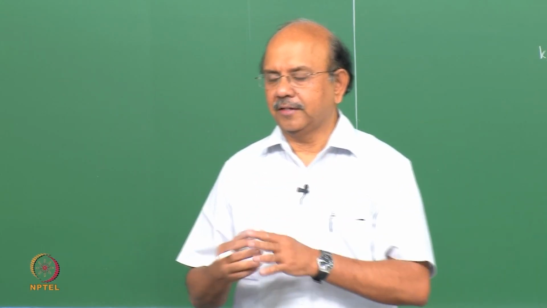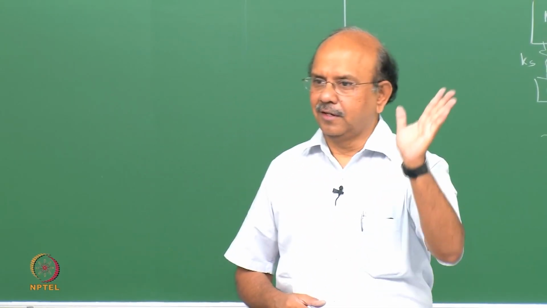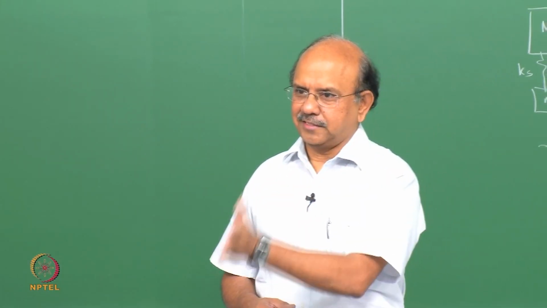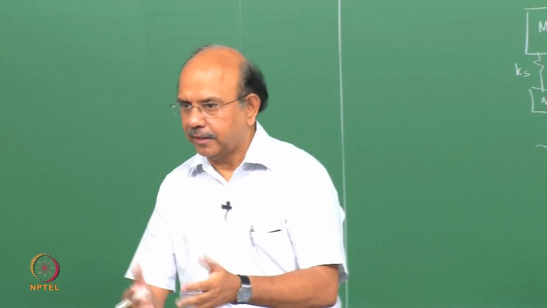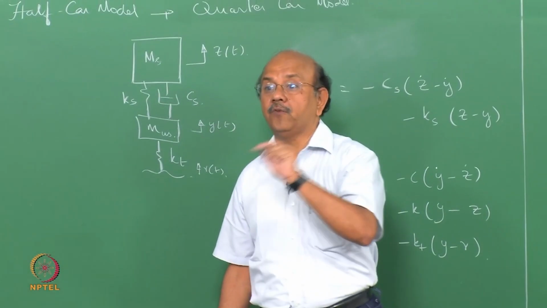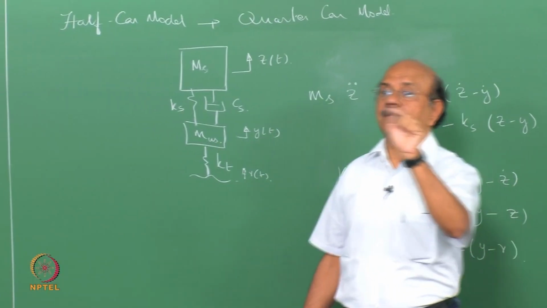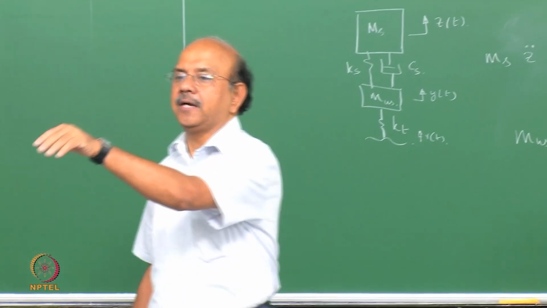We did what we call a coordinate transformation, and then we had those nice diagonal terms. We uncoupled the differential equations and so on. That is the beauty of proportional damping, where C is equal to, say, alpha times m plus beta times k.